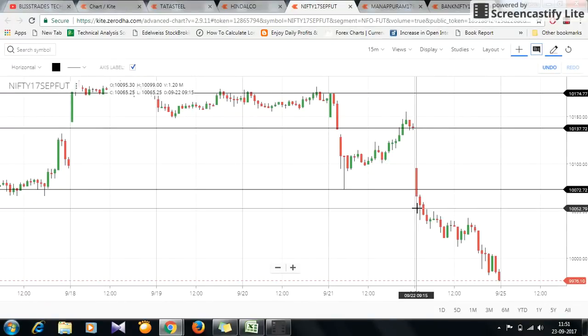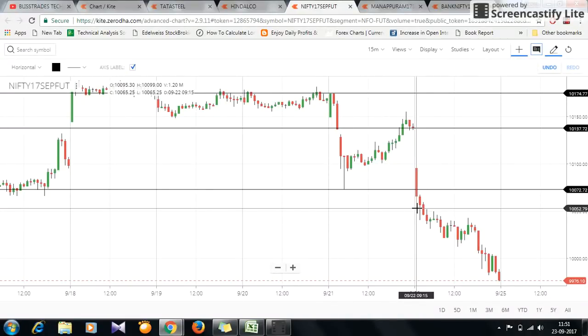Now, the first criteria is price has to open below PDC and at the same time below PDL. Many a time I only watch out for PDC alone, but to make it more strong, I wait for PDL breach also.